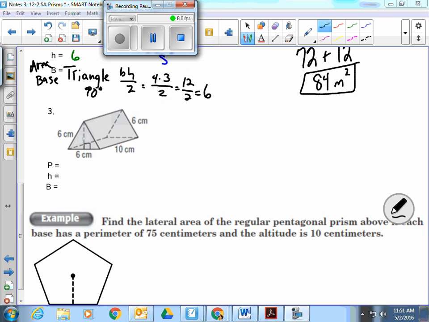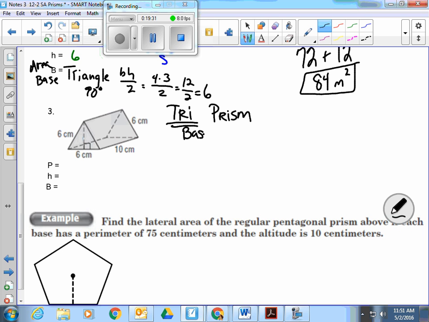Okay, now I want you to try number 3. What is the shape made mostly out of? Rectangle. That makes it a prism, right? What shape is not a rectangle? Triangle. So that's why this is a triangular prism, which means the triangle is your base. Okay? So in order to do this, you need the big P. So I need to use the triangle.